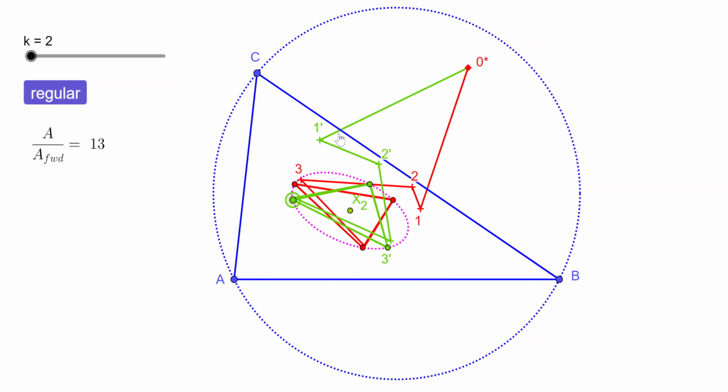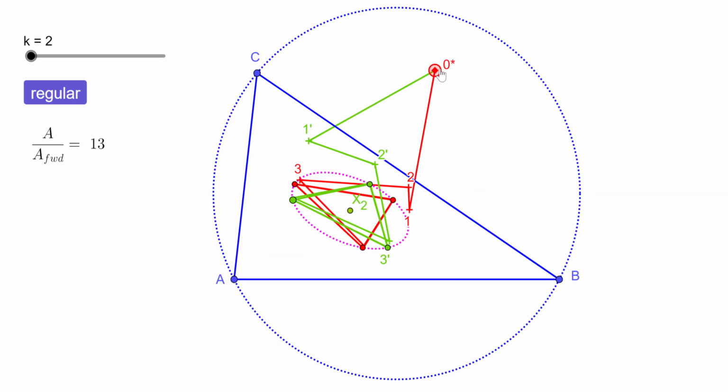And the green clockwise path going from this chosen 0 star to 1 prime, 2 prime, 3 prime, 4, so forth and so on, ad infinitum, is going to give me these 3 green dots here. Let's call this the terminal triangle generated by the clockwise whirlpool map, whereas the red triangle is generated by the counterclockwise.